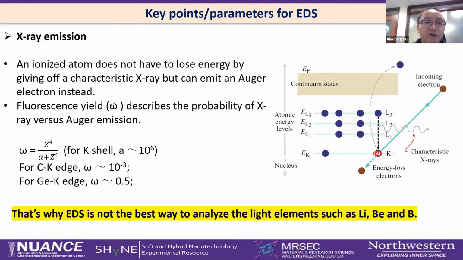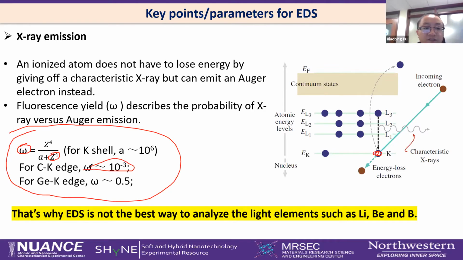Thus, we have the fluorescence yield to describe the probability of X-ray versus Auger emission. You can use this formula to calculate the fluorescence yield. You can see when the atomic number is larger, the fluorescence yield is higher, and when it is low, the yield is low.